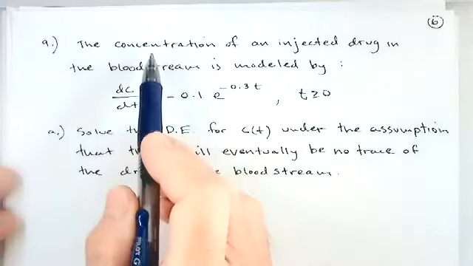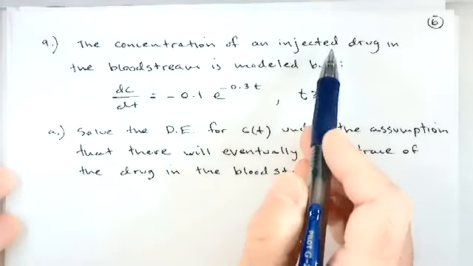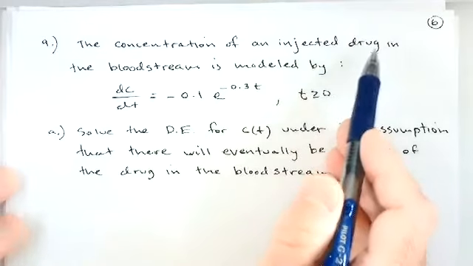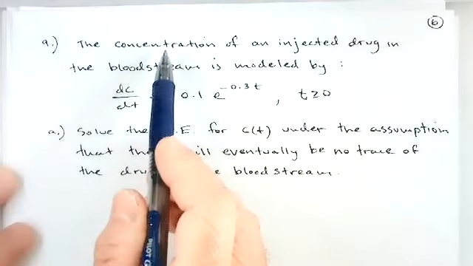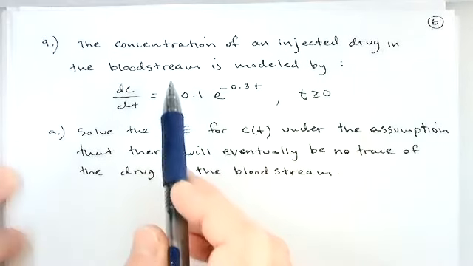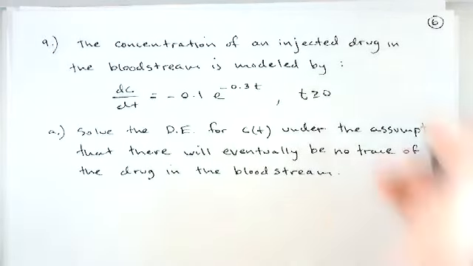So let's say someone is given an injection of a drug, maybe a vaccine would be nice. And the concentration of that drug over time, what would you expect to happen to the concentration of a drug?